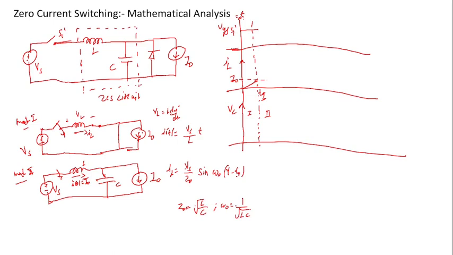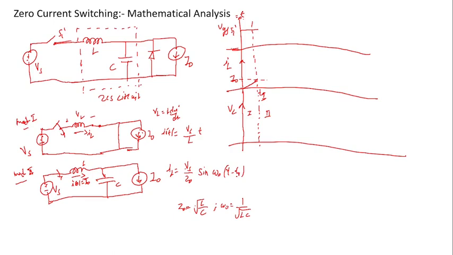You should be careful about that. Whatever switching frequency you are using, that omega naught should be higher than the switching frequency. Let's say if you are using 100 kilohertz, then it should be in megahertz.